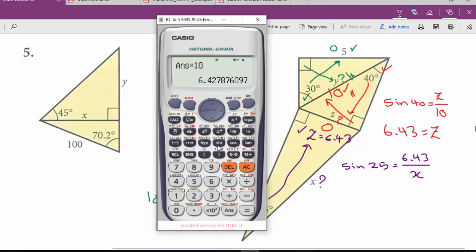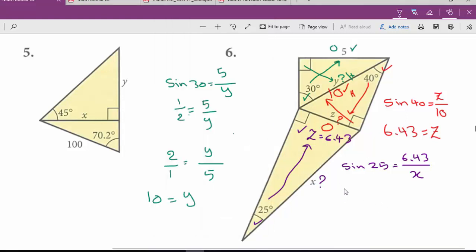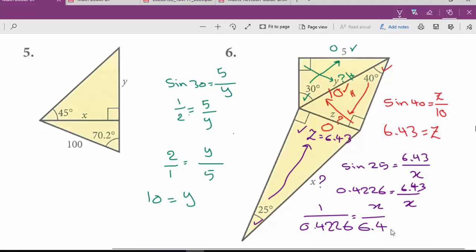Sine of 25 is equal to this, 0.4226. 0.4226 is equal to 6.43 over x. Flip both sides. 1 over 0.4226 is equal to x over 6.43.